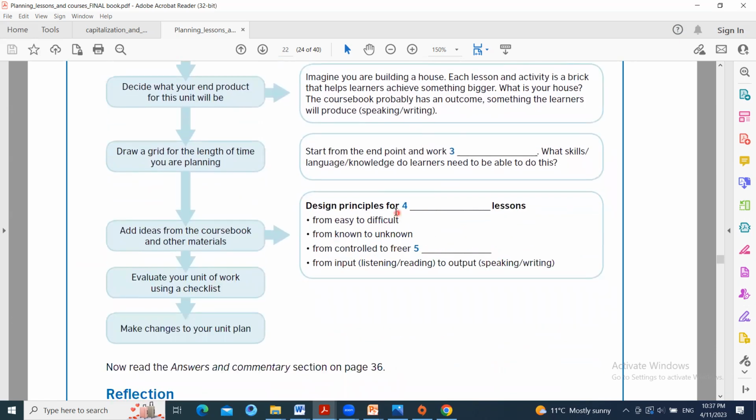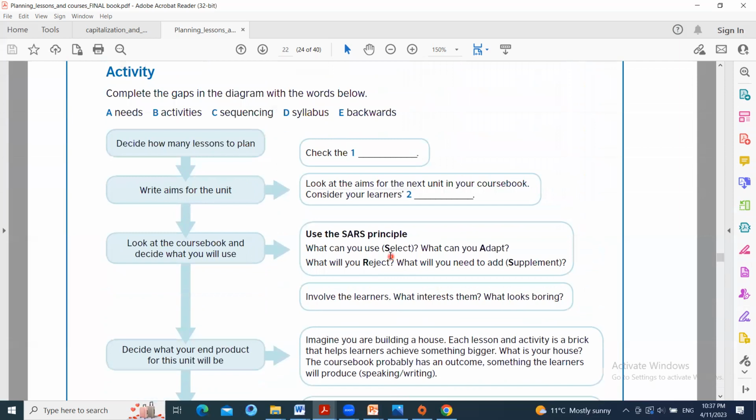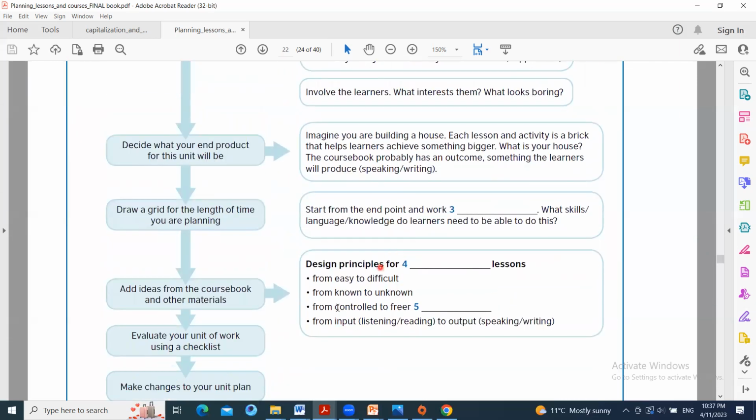So here we have some design principles for sequencing lessons: from easy to difficult, from known to unknown, from controlled to freer activities, and the last principle, from input, listening or even reading, to output, speaking or writing. Here we have input and output.